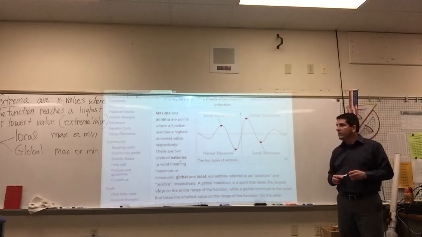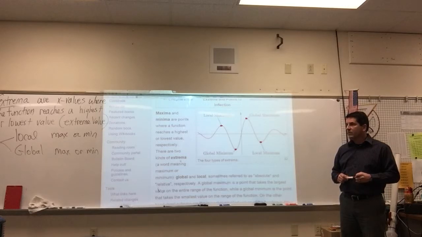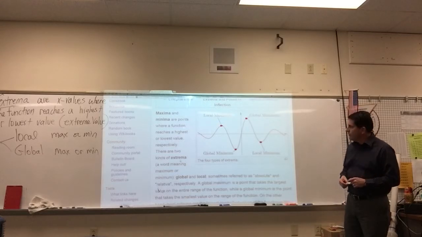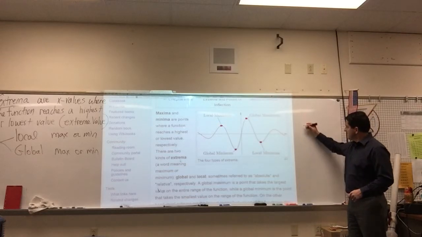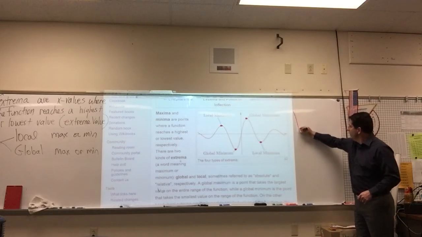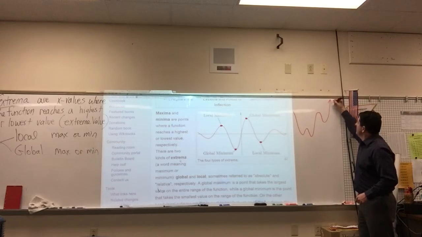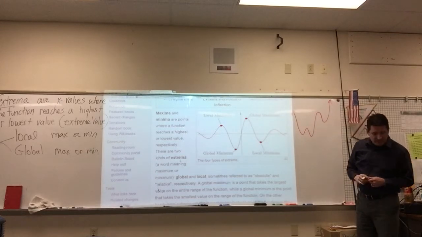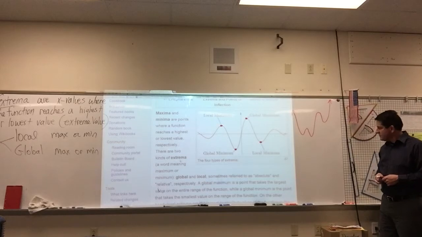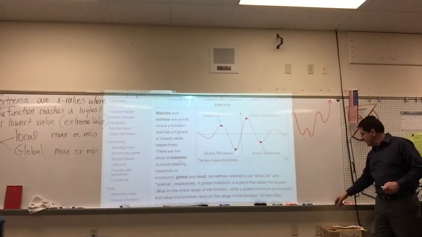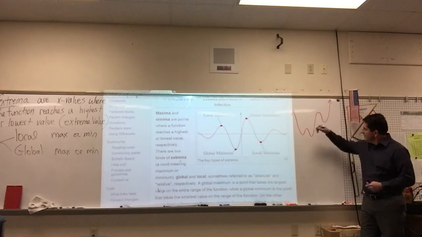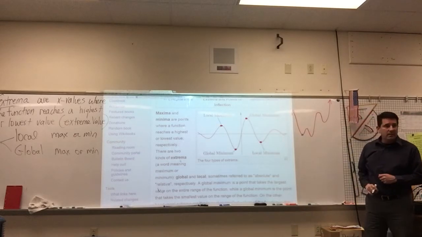What if there's a maximum and minimum in the middle of the graph, but then as the end behavior, the graph just goes straight up? Okay, great question. Let's suppose you had a function that looks like this. This one has local maximums and minimums, okay? This is a local min.